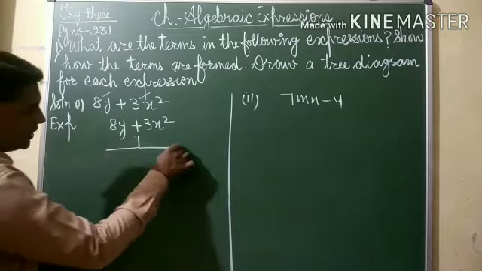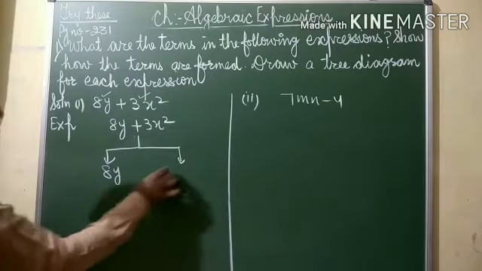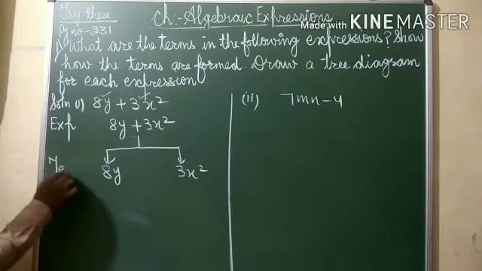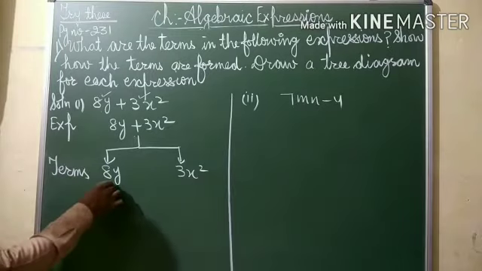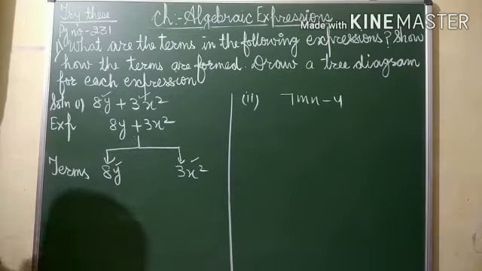In this expression, there are two terms. First is 8y and second is 3x square. So here write terms. Next, write the factors of these two terms, that is 8y and 3x square.